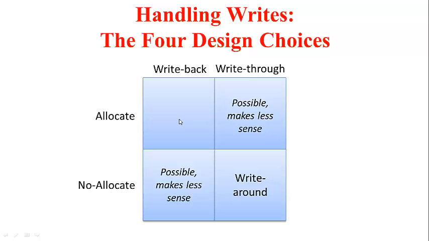So allocate makes more sense with the write back scheme than with a write through scheme. Likewise, the write back scheme means that you want to be lazy about writing back onto the main memory. So it makes sense to couple it with a scheme which allocates on a write miss.